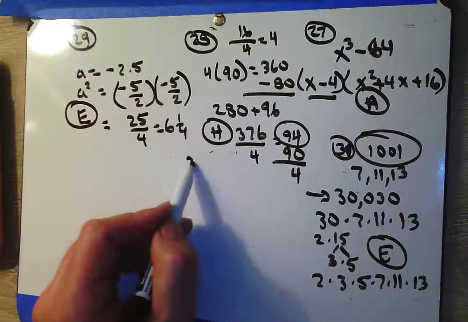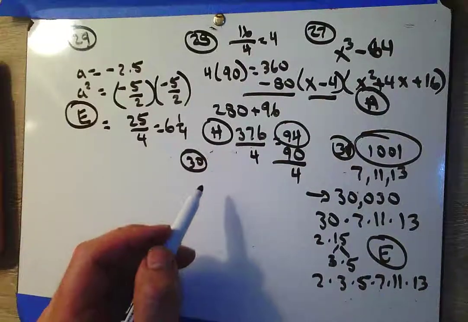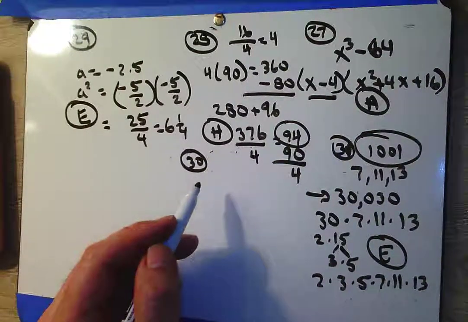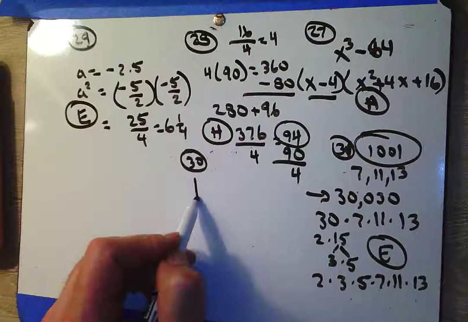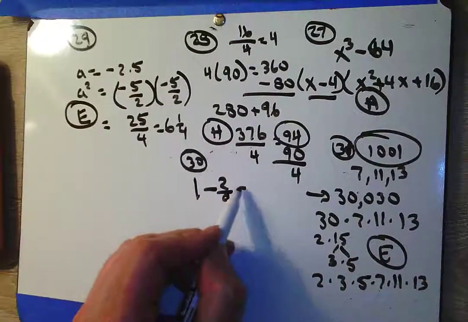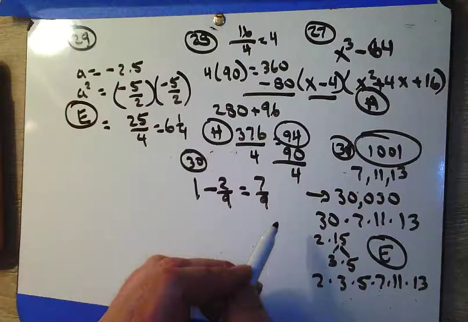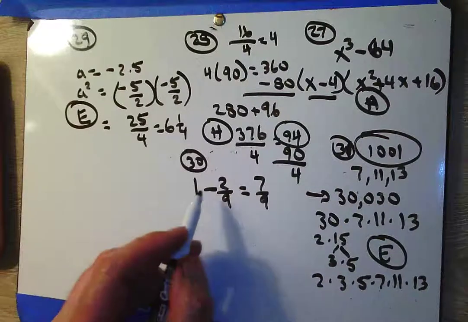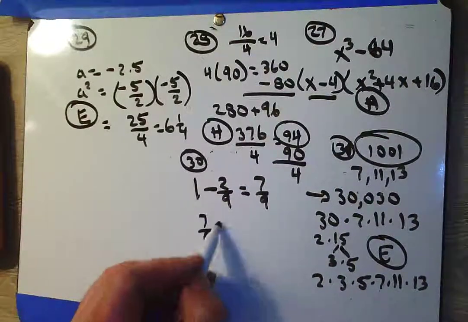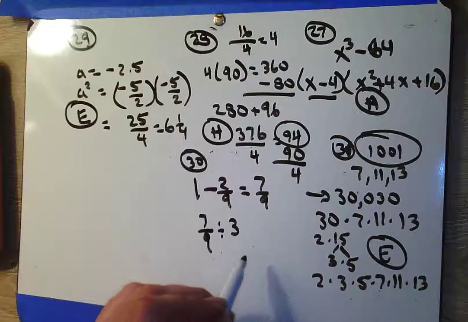I need to do 30 still. I'm sorry. 30. She ate 2/9 of the pizza. So 1 pizza minus 2/9 of a pizza leaves 7/9 of the pizza. And she gave the remaining pizza to her brothers. Okay, she had 3 brothers. So 7/9 of a pizza divided by 3 brothers.